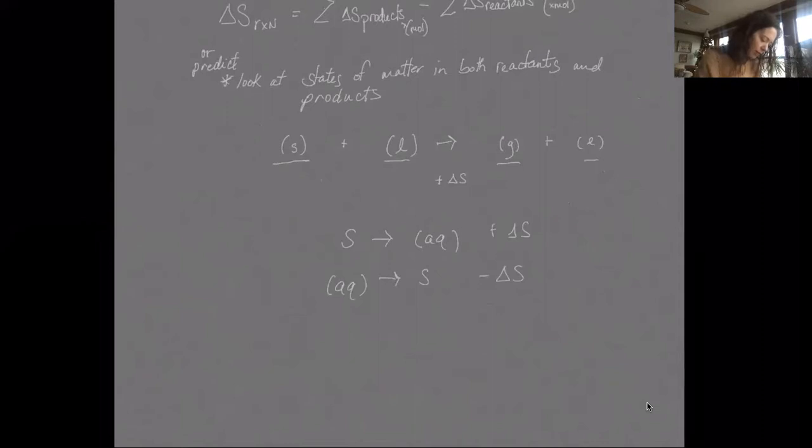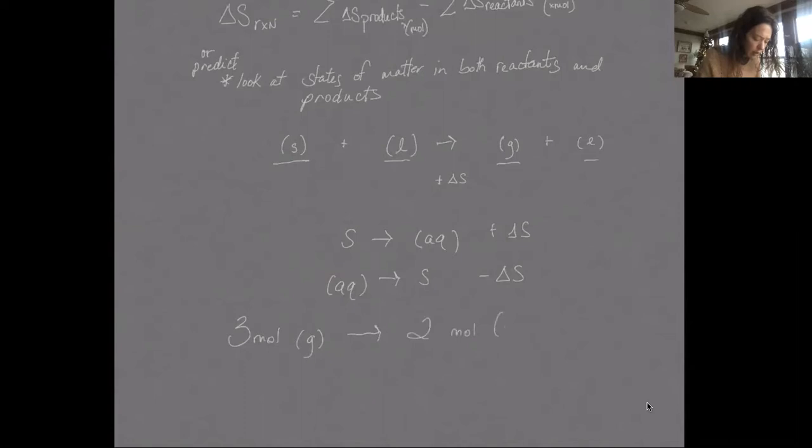If I have 3 moles of a gas here and I have 2 moles of a gas here, well, then I have lost randomness. I have lost particles that will create more randomness, and vice versa, right?